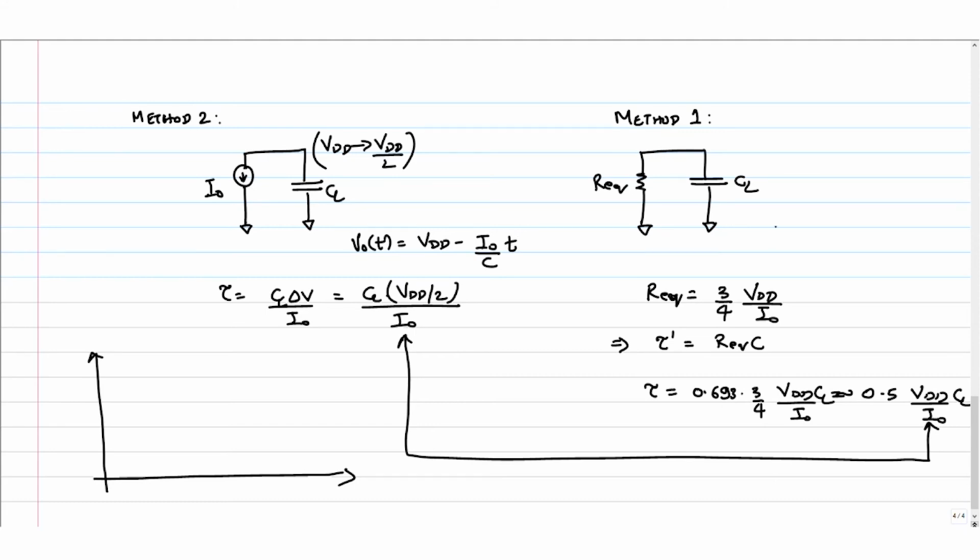Whereas this guy, if you see, V naught of t is VDD e power minus t by tau prime. So the two models actually follow different equations with respect to time, but this one is more accurate. Okay, so if you look at V naught of t versus t, you have a straight line like this for method 2. The method 1 is going to look like this.